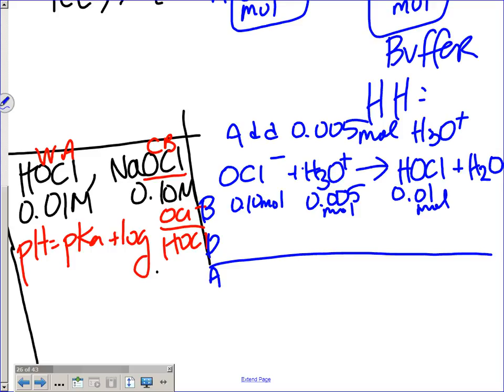So what's going to happen is when you have a buffer, the component of the buffer whose job is to neutralize the incoming acid, or whose job is to neutralize the incoming base, is the one that reacts. That other part of the buffer is still present, but as this reacts, it's going to be subtracting the LR's amount, 0.005, but it's adding it on this side. So it does make this acid go away and get neutralized, but the pH is still going to go down some because the basic component gets reacted a little bit, and the acidic component is made a little bit more. So we'll adjust the pH just a little bit, but not too much. That's what a buffer's job is, to keep a pH that's pretty stable.